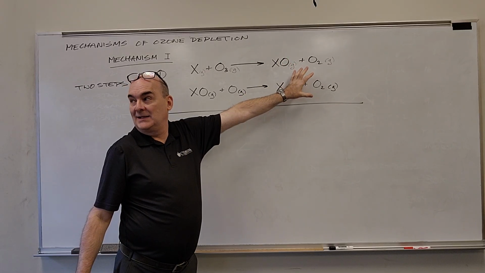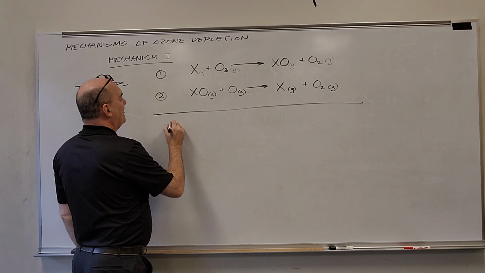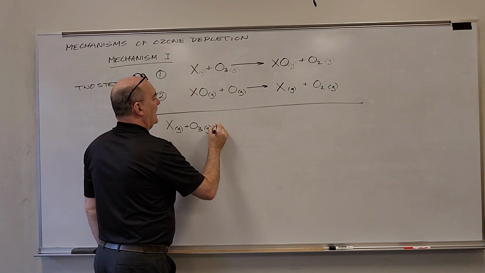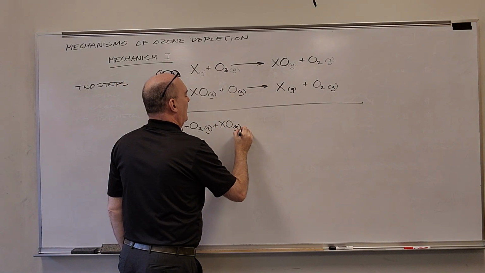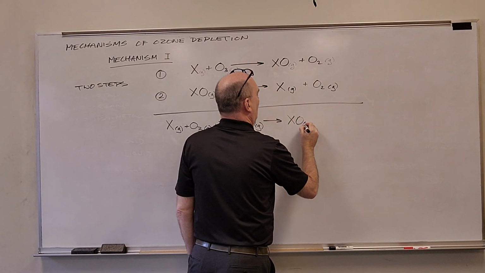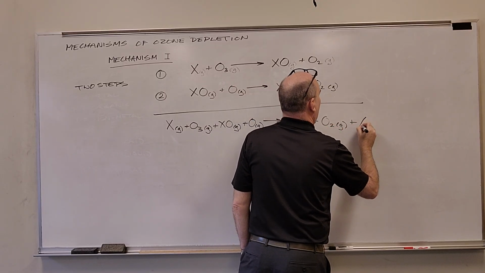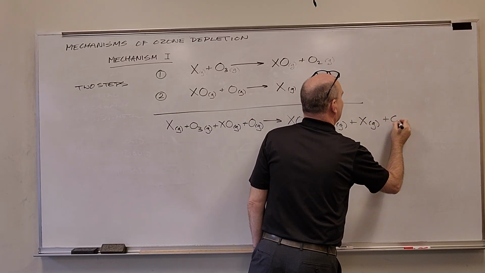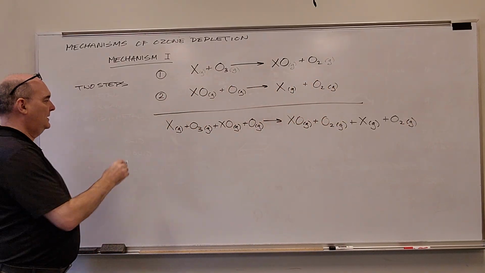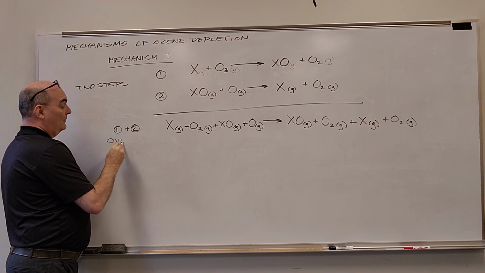Everything that's on the right gets added together. So if we just add line 1 to line 2, I get X plus O3 plus XO plus O makes XO plus O2 plus X plus O2. So this is line 1 and line 2, and we would call this the overall reaction.